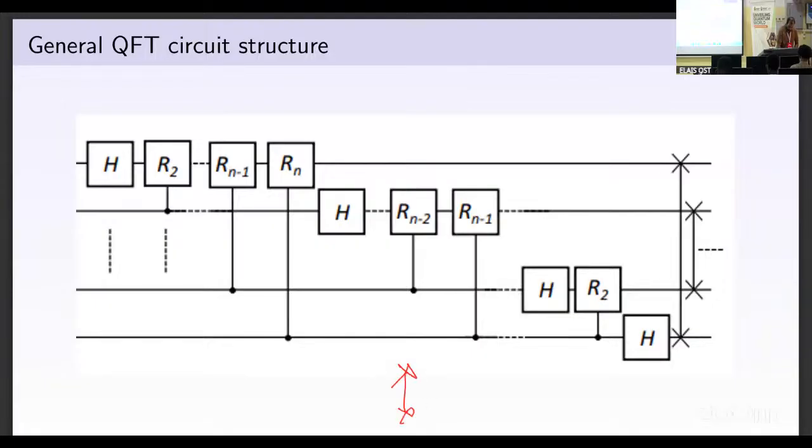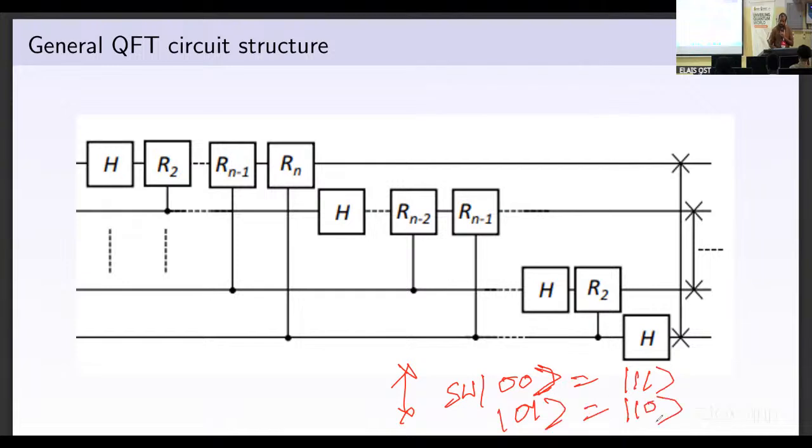So this is a swap gate, which basically swaps the qubits on which it acts. So a swap on 0 0 will give 1 1, 0 1 will be 1 0, and so on. So a swap gate essentially swaps the order of the qubit states.